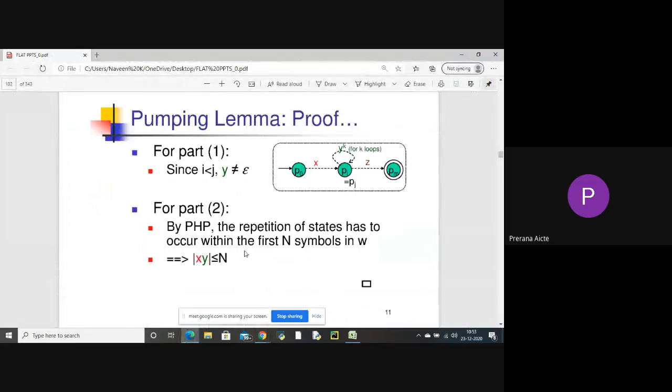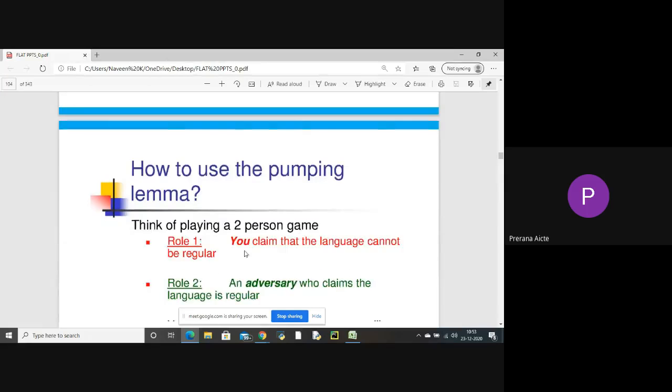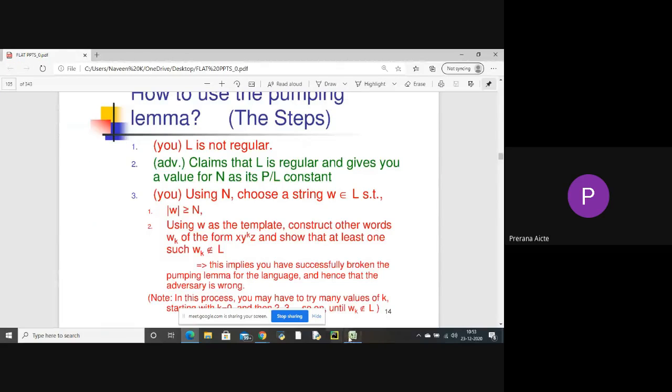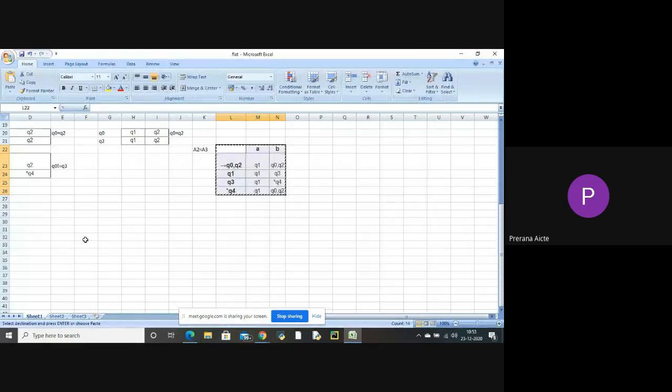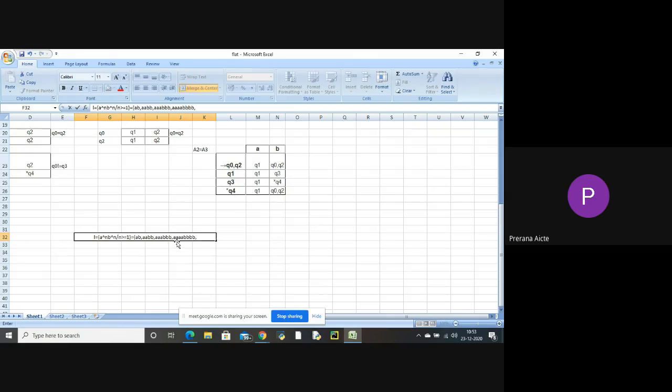For example, if I take the language L is equal to a power n, b power n, where n is greater than or equal to 1, then the language has the strings ab, aabb, aaabbb, aaaabbbb, and so on.